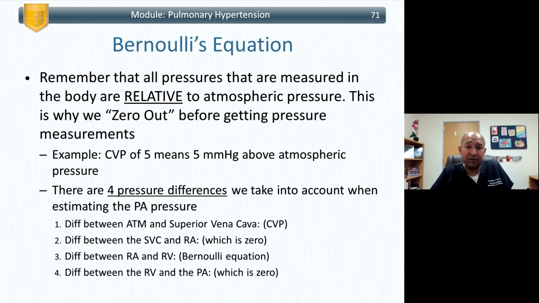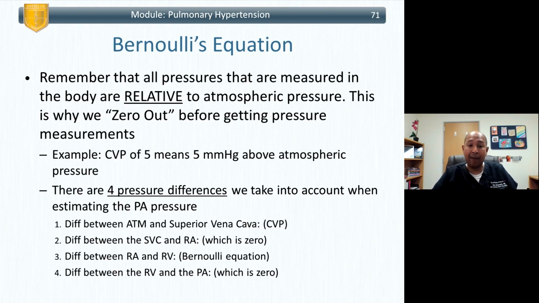But when we use the Bernoulli equation, remember the theory behind it is that all pressures measured in the body are relative to atmospheric pressure. This is why we zero out before getting any pressure measurements. So when I tell you someone has a central venous pressure of 5, that means it's 5 millimeters of mercury above atmospheric pressure. So when we do Bernoulli's equation, there are 4 pressure differences we're taking into account when we want to get an estimate of the pulmonary artery pressure.